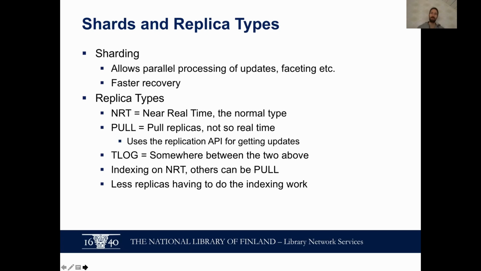Also, it's possible to tell the searcher that it should always search the pull replicas and avoid searching from NRT replicas. That will help the NRT replicas to only do the indexing work, so they don't have to maintain the filter caches and things like that.